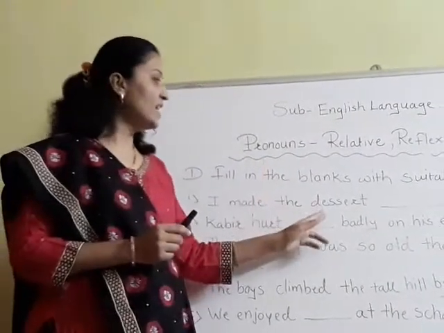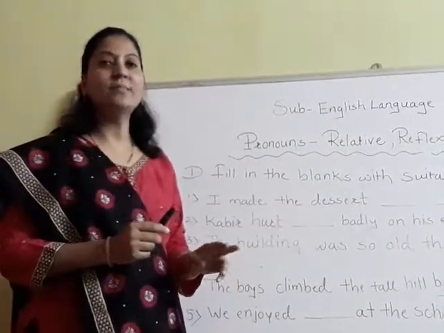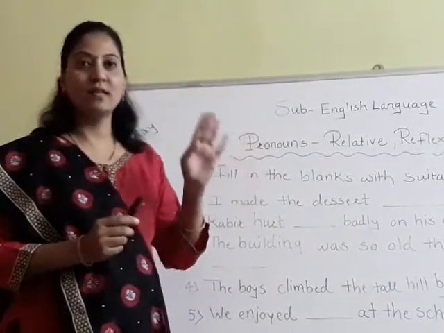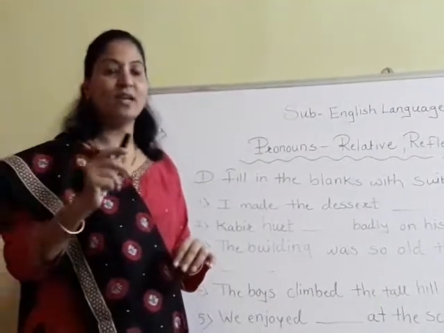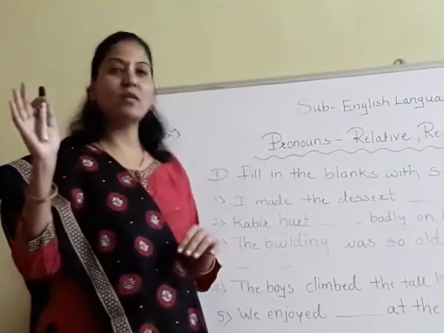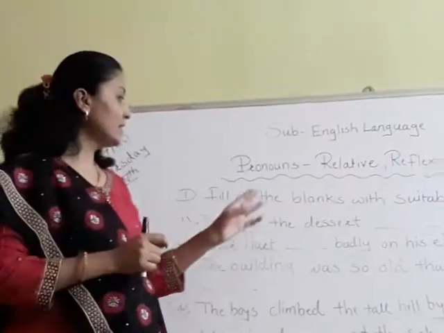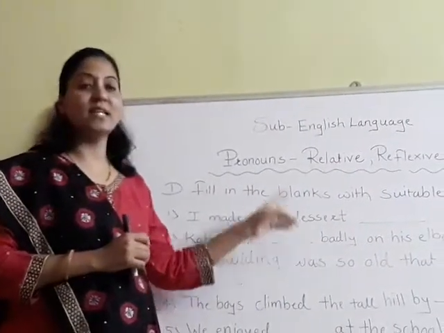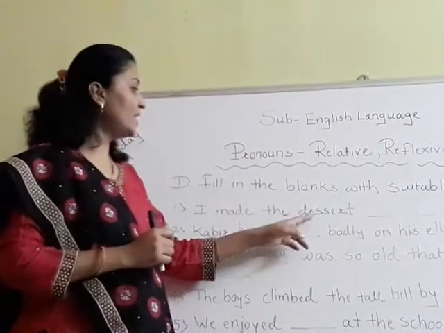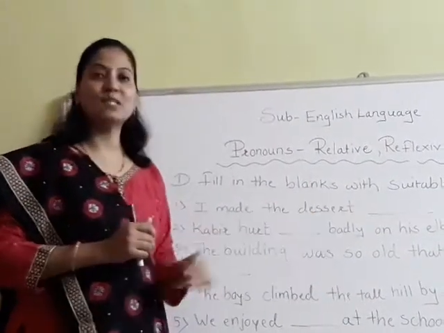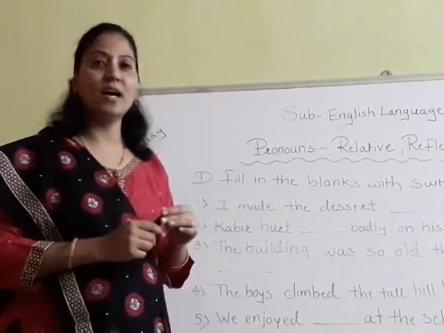But this dessert is different from the desert, the dry area, or dry land, which is also called a desert. But the spelling of this dessert is different from the spelling of that desert. This is DESSERT and that spelling is DESERT.